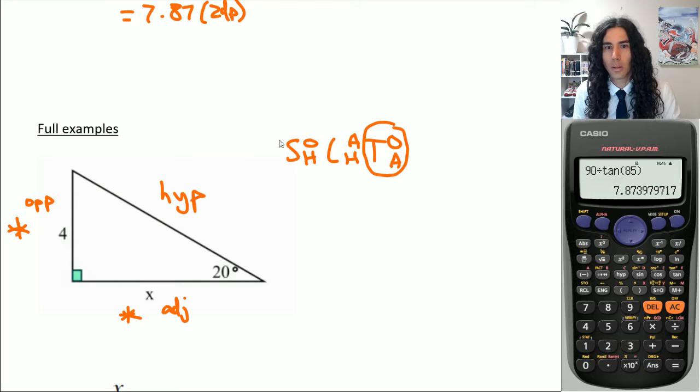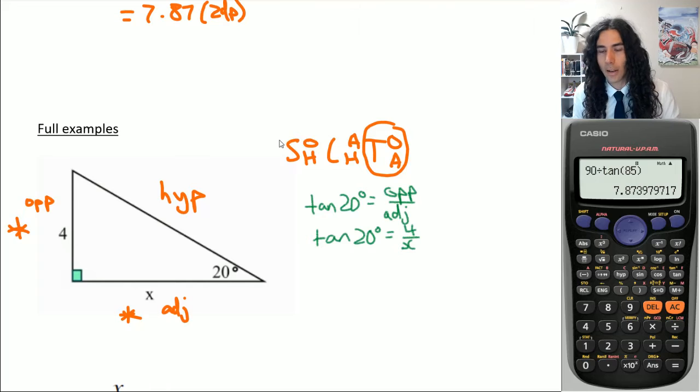There we go. So I'm going to write tan of 20 degrees is the opposite over the adjacent. So tan of 20 is equal to 4 on x. Then I'm going to take the x over there. I'm going to skip those steps.